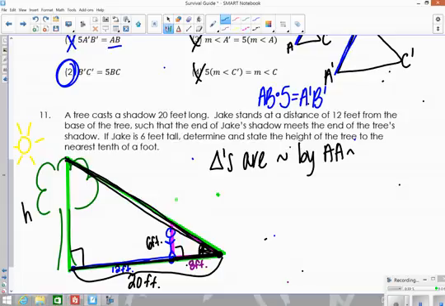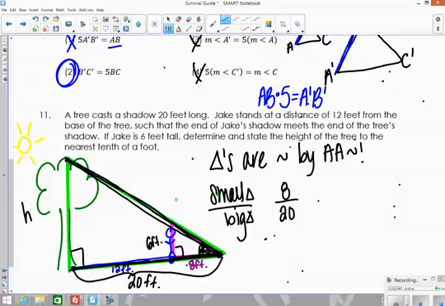If I look at the small triangle in comparison to the big triangle, I compare the 8, which corresponds to 20. I'm not really using the 12 here. I only use the 12 so that I could get the 8, because you want to make sure that you're using the side of the triangle.